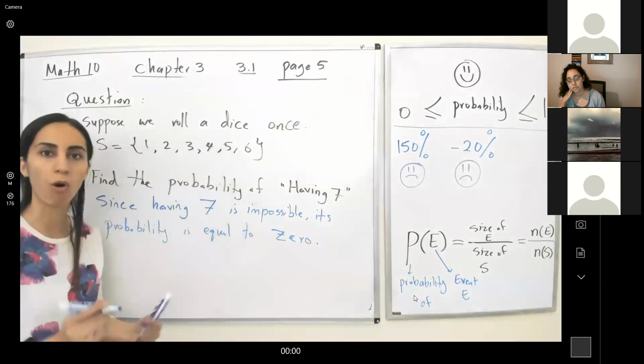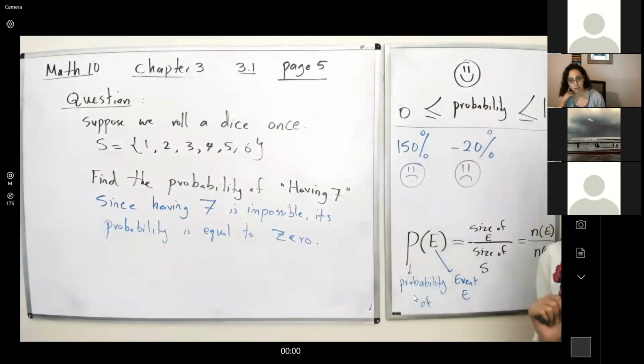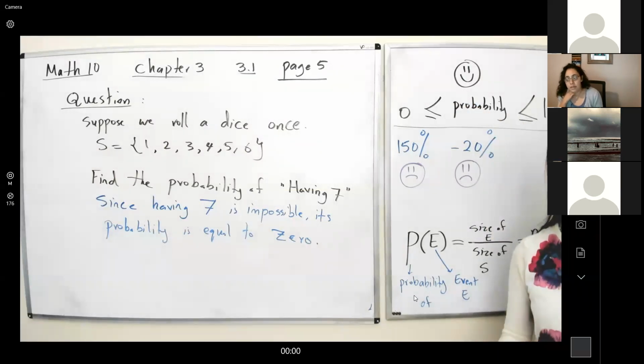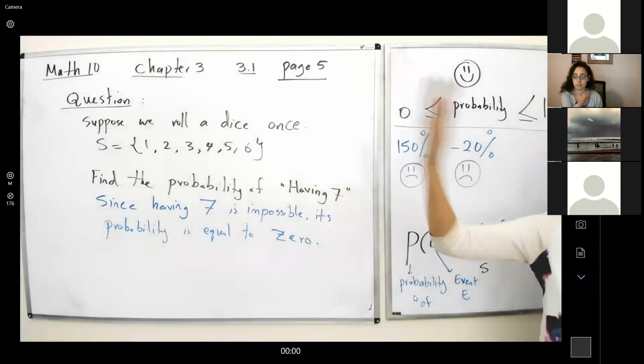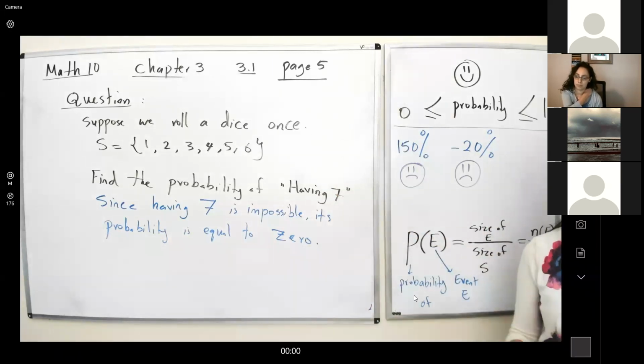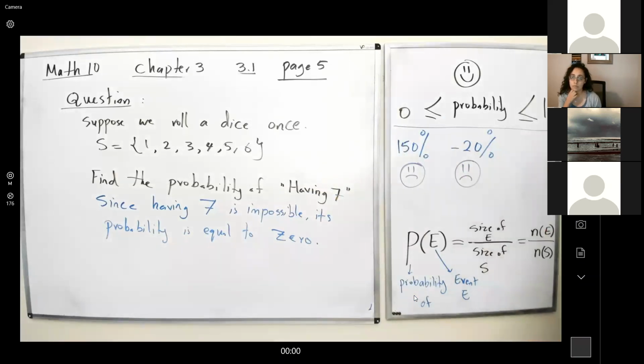So if you ever wonder when the probability can be 0, it's when you have an impossible event like having 7 in this sample space. The sample space doesn't include 7. It's an example of probability equal to 0.